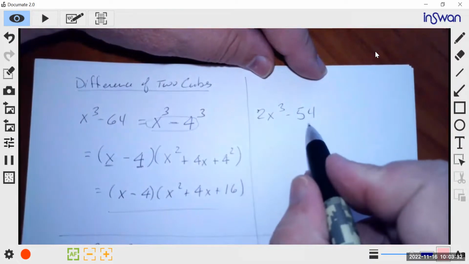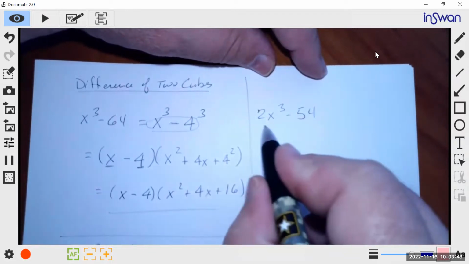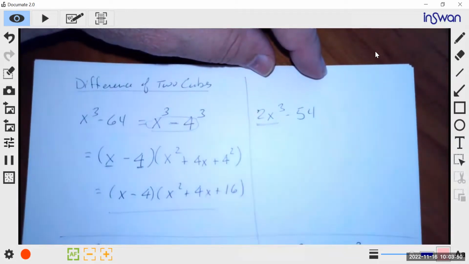How about the next one? Is it a perfect difference of 2 cubes? Is the first term a perfect cube?